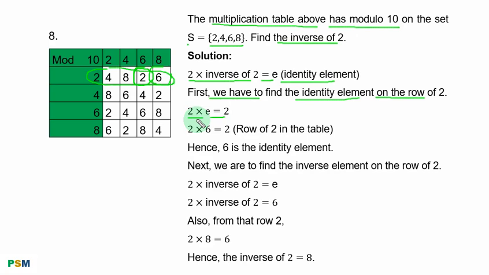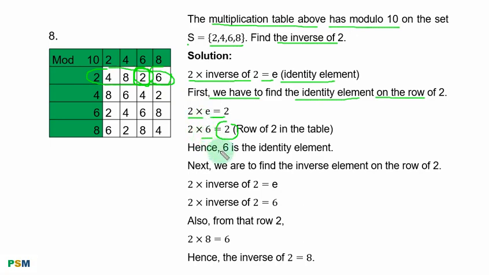The question is, from row 2, which number will 2 multiply to give you the result 2? Result 2 is already here. If 2 is the row, then 2 times 6 is equal to 2. That means E is equal to 6.